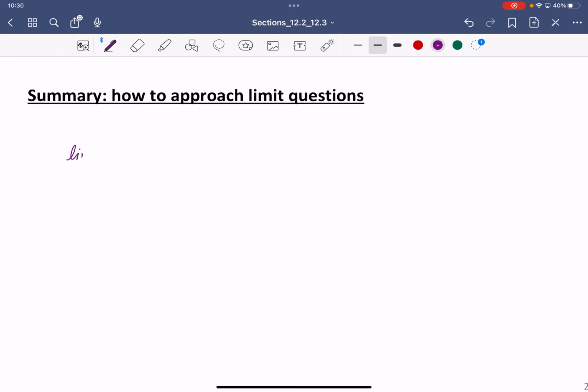So the limit of f(x,y). When you see the question, you're going to be asked how to compute the limit of f(x,y) as (x,y) goes to something. So what you're going to do first, the algorithm is step 1. You plug in x0, y0 and see if the limit is some number L or not.